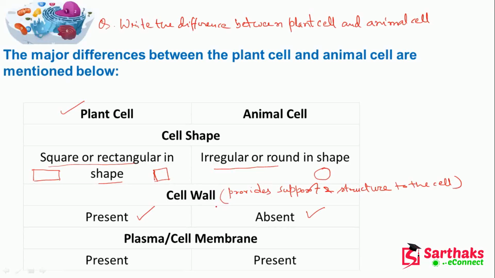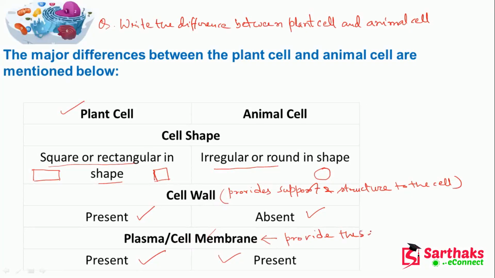Now plasma or cell membrane. The cell membrane is present in the plant cell and also in the animal cell. The cell wall may not be there in the animal cell, but the cell membrane is present in both cases. Whether eukaryotic or prokaryotic, plant cell or animal cell, the cell membrane provides support to the cell.